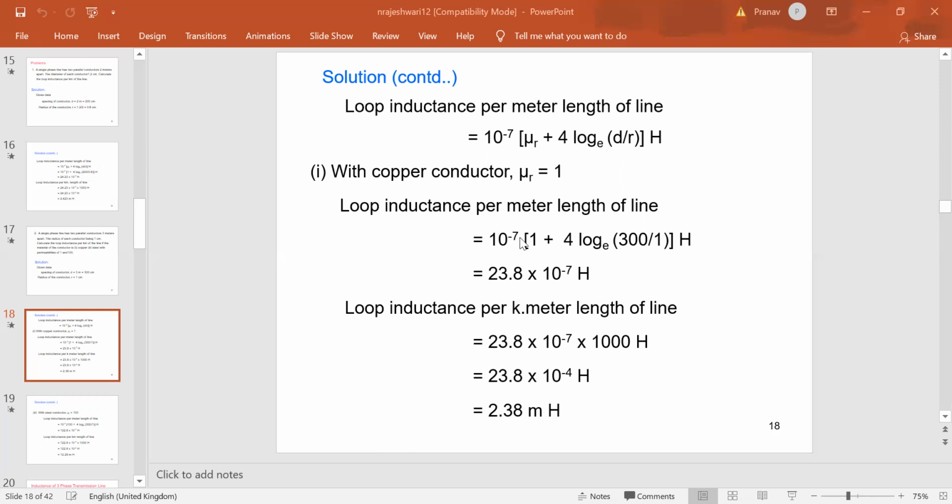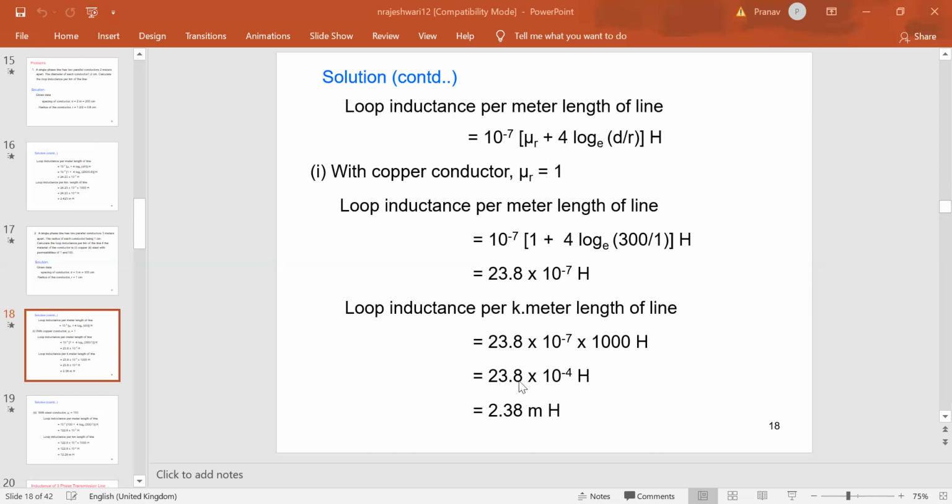By simplifying, we will get the answer 23.8 into 10 to the power of minus 7 henries, and loop inductance per kilometer length of the line will be 23.8 into 10 to the power of minus 7 into 1000 henries. By multiplying, this is minus 7 and plus 3, we get minus 4.